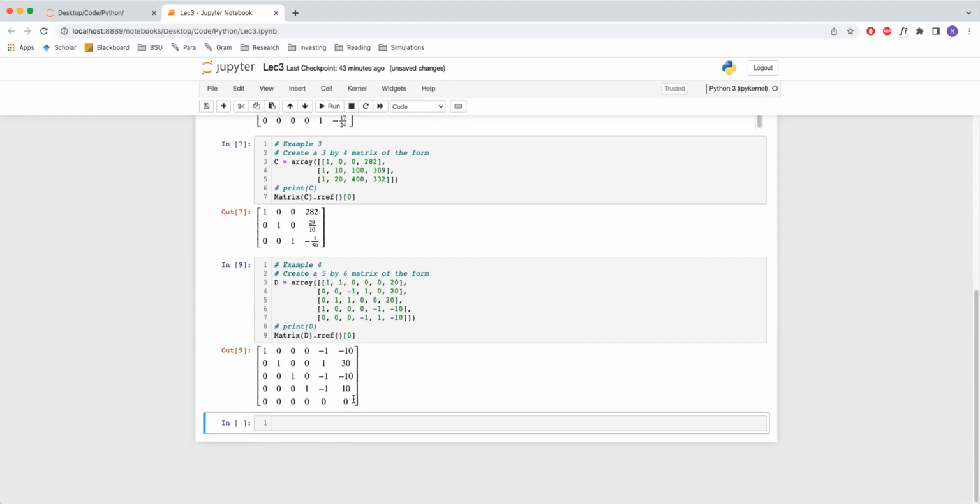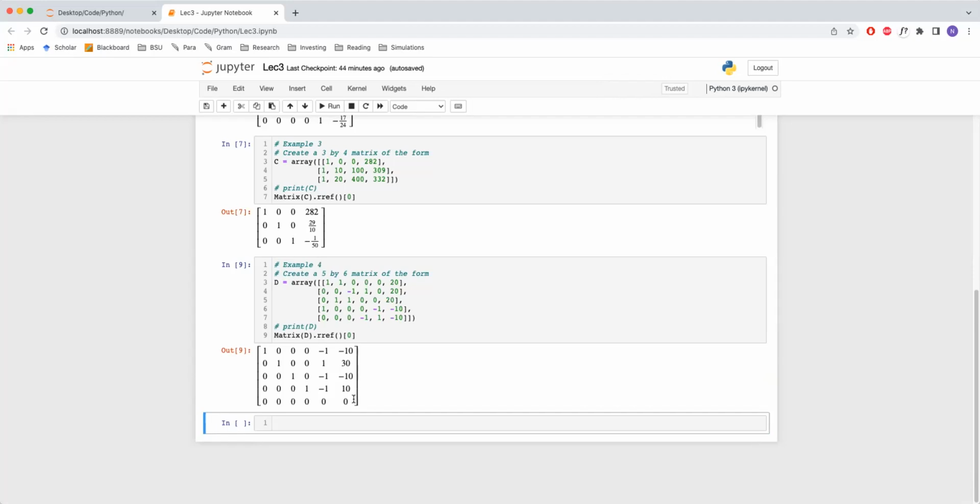And from the theorem in the last lecture, if the number of equations is less than the number of unknowns, we're going to have infinitely many solutions. So there are infinitely many solutions for this particular case.